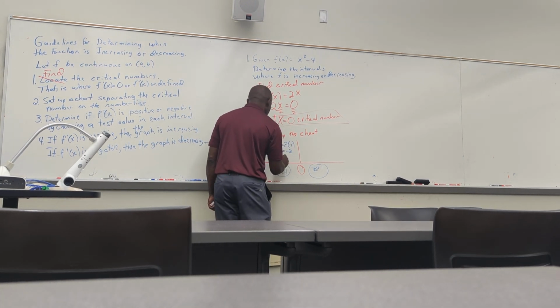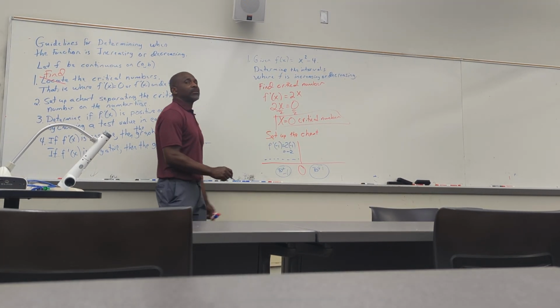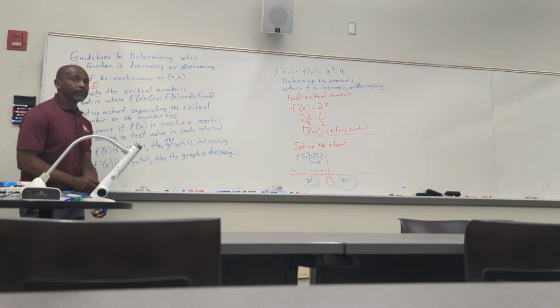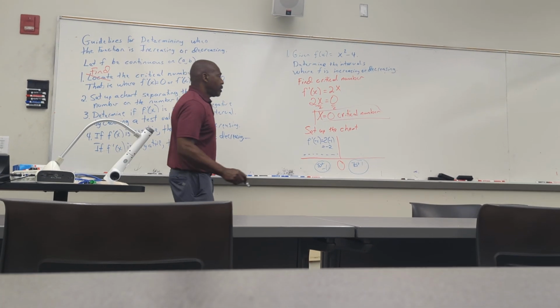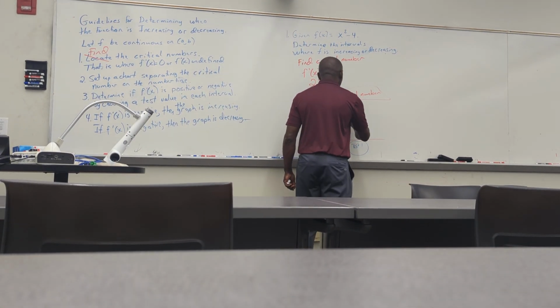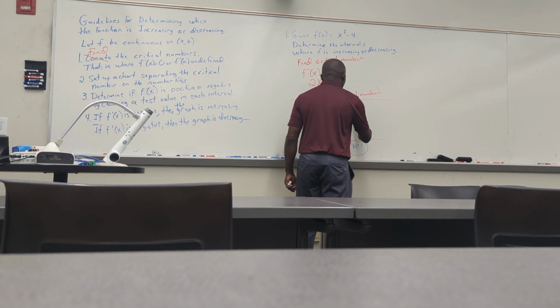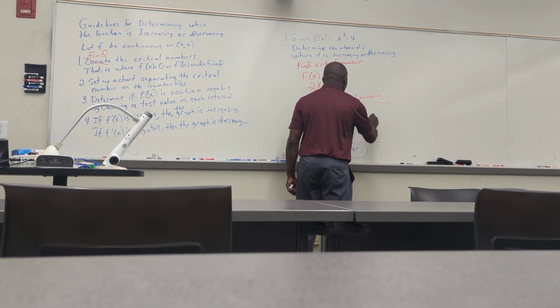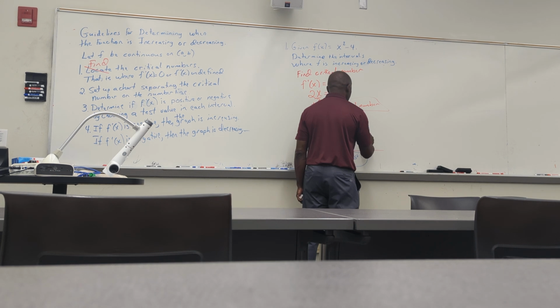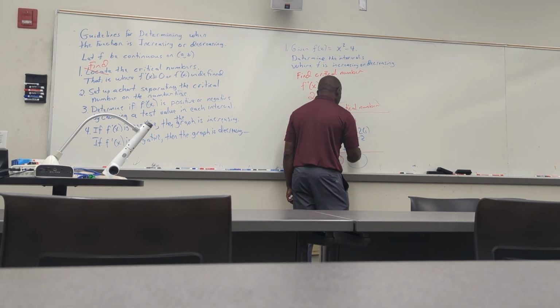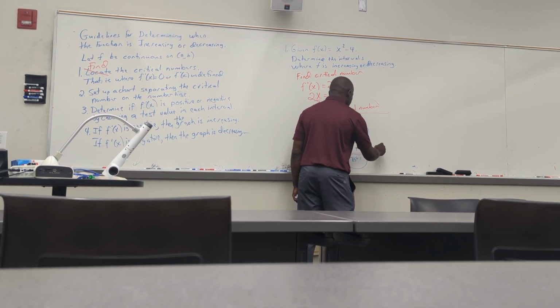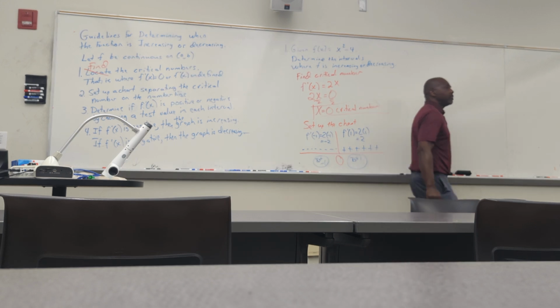So this is basically telling me over here, I don't care what number you put in, it's going to be what, class? Negative. And then we're going to find f prime of 1, which is 2 times 1, so that means over here is positive. We good, class?